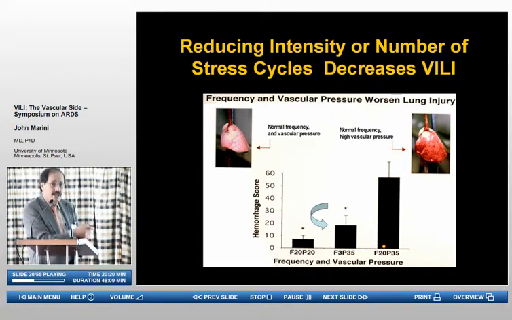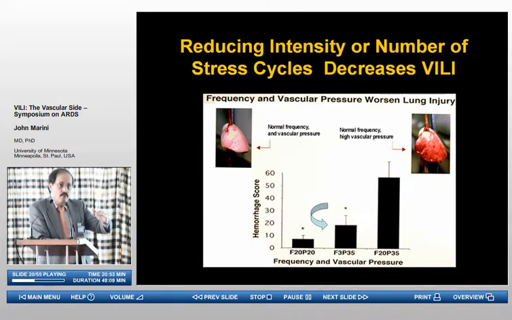When we used exactly the same airway parameters and used a frequency identical to the baseline, we found that there was a very high hemorrhage score. What's intriguing about this work is, I think, that when we kept all the vascular pressures the same, mean pressure, peak vascular pressure, the only thing we changed, the only thing, was the breathing frequency.